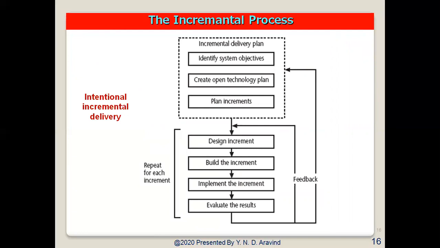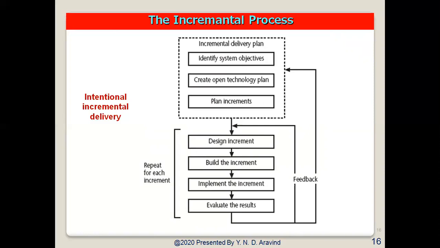There may be many ways in which the important objectives can be achieved, and we ought to allow ourselves freedom in the way we try to achieve these objectives. So we need to identify the system objectives, and we need to incrementally deliver our plan.